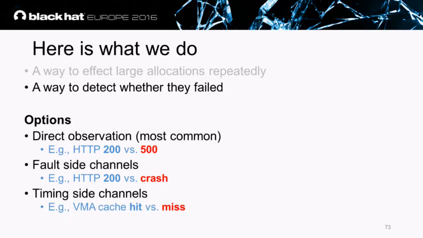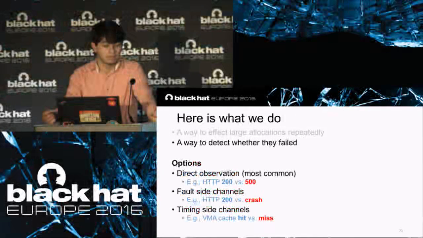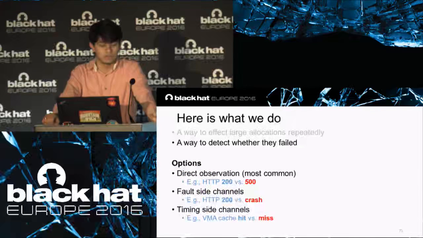The other option is that the server crashes, so it doesn't reply anymore, and the connection closes. Or when it succeeds, it gives you an OK status and gives you the page. Or a timing side channel can happen. I will show you an example of a server where we use such a side channel.